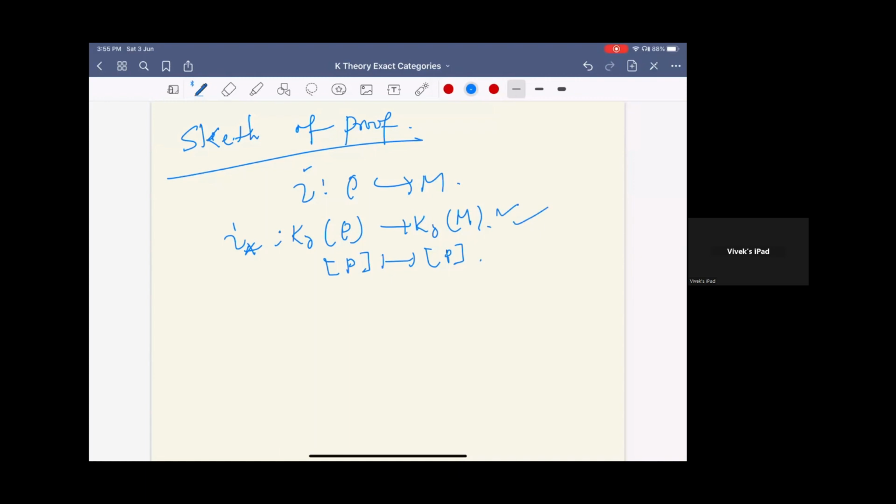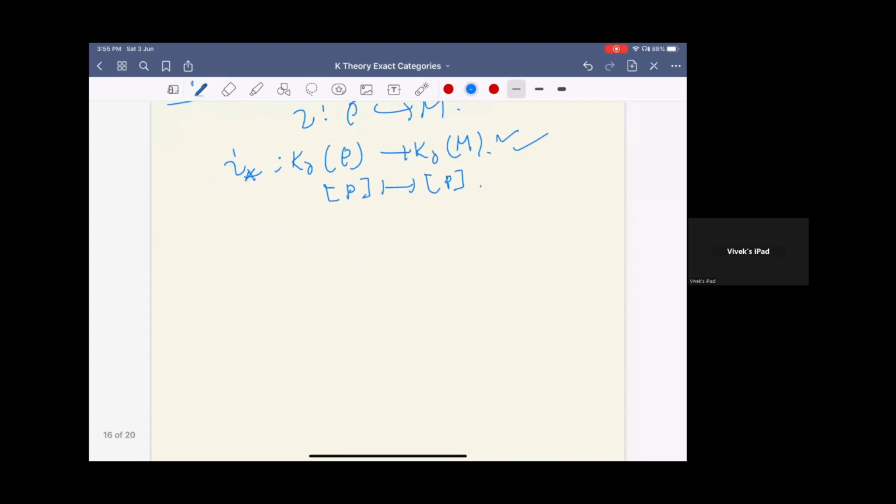Now I want to define the inverse map. Okay. How to define that? So given M belonging to M, there exists a P belonging to rho such that, as I told you, there is an epimorphism. And then if you look at the kernel also, that also belongs to rho by part 1.